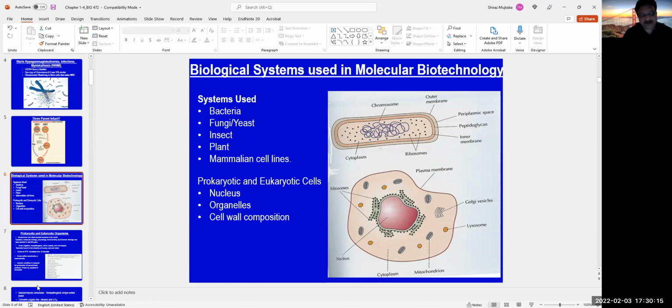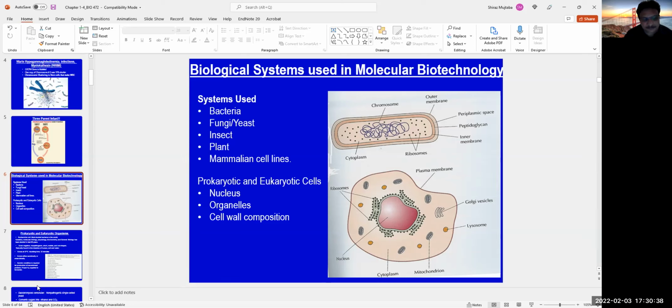But if we develop a model system in bacteria, fungi or yeast, which divide much faster, then one can see biological phenomena in these model organisms, and from there they can speculate the function of a gene.